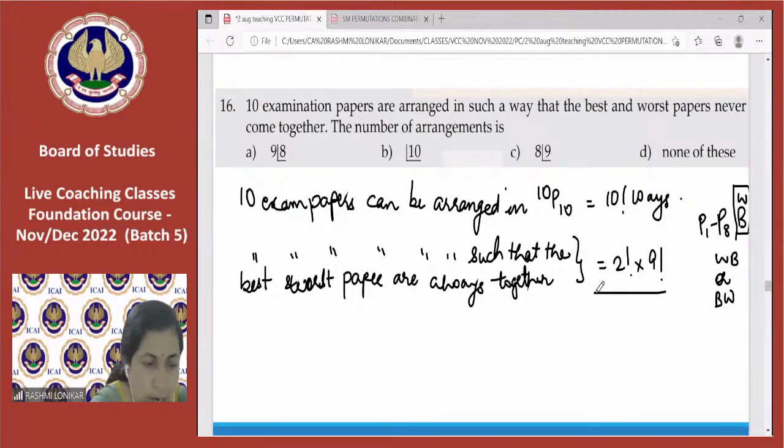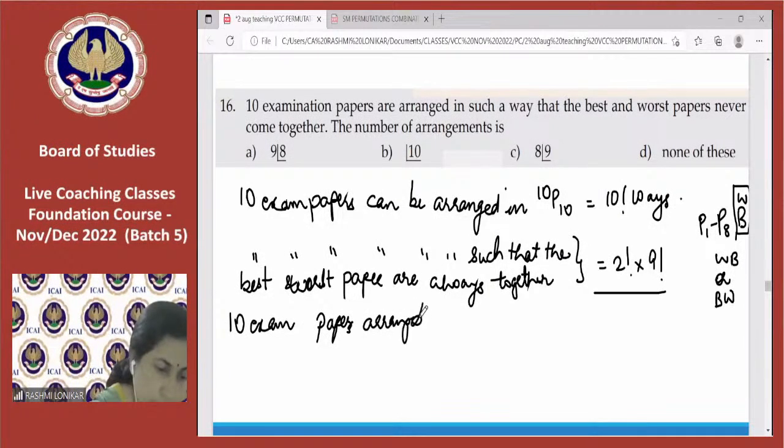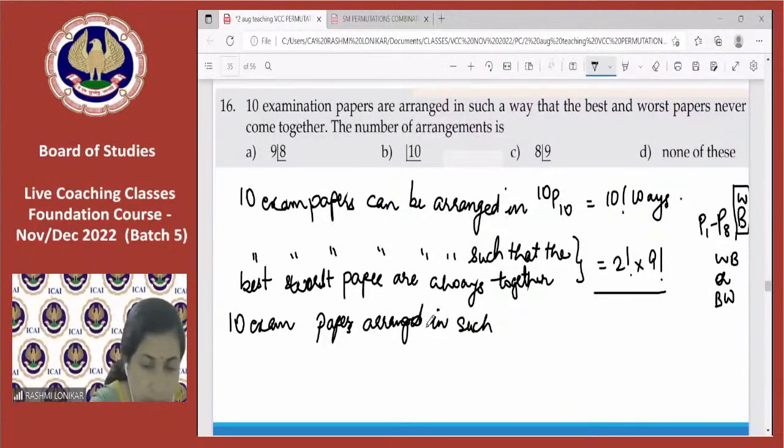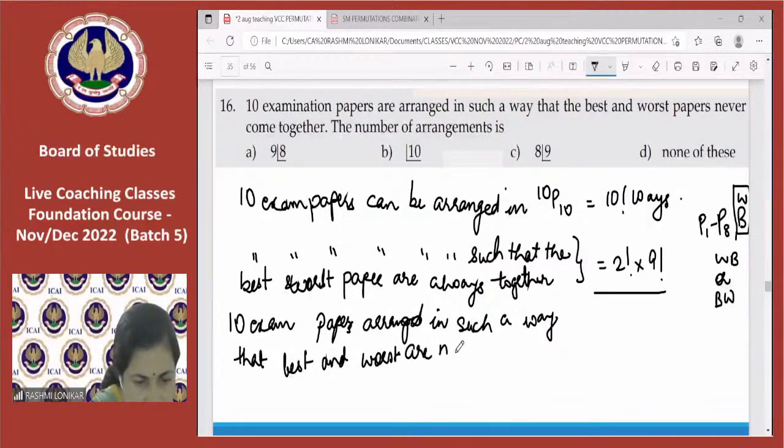When I subtract this, 10 exam papers arranged in such a way that best and worst are never together.